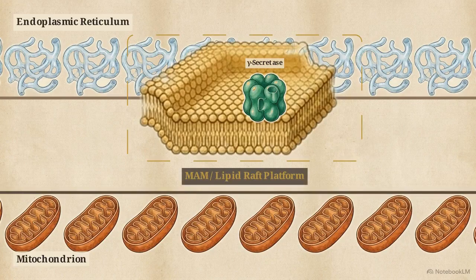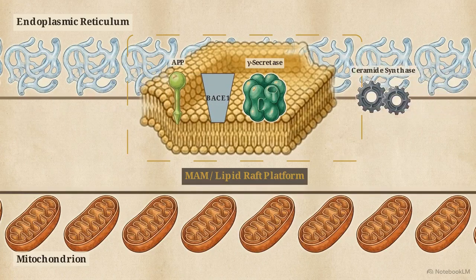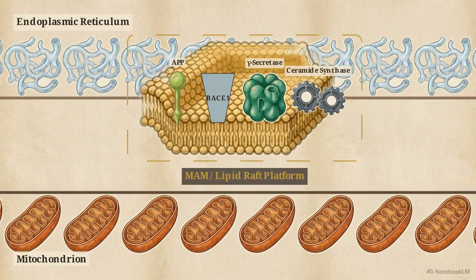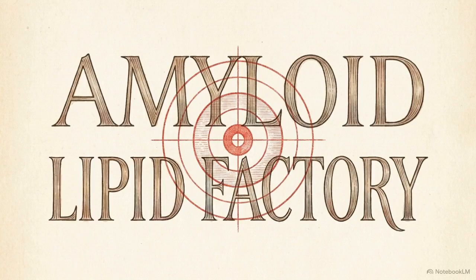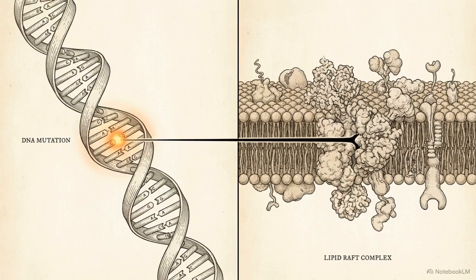Subsequent verification proved the entire amyloid processing line lives here. The precursor protein and beta secretase assemble side by side with the ceramide synthases. The physical overlap of these molecules reorganizes the entire geometry of the disease. The genetic proteins whose mutations cause familial Alzheimer's share the exact same physical address as the cell's lethal lipid factory.